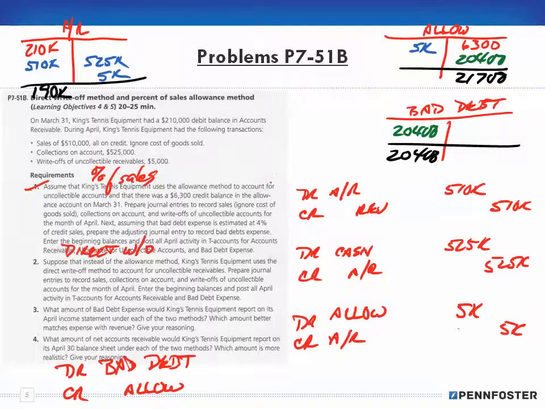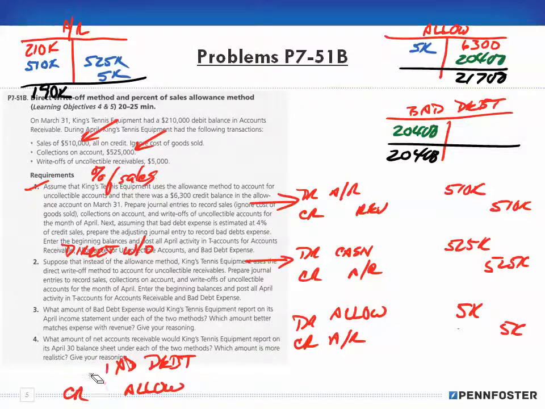So it says here, make our journal entries to record our sales. That's going to be the same journal entry to record the $510,000. And for the collections on account, in other words, we're collecting our accounts receivable, that's going to be the exact same journal entry. But instead of writing off uncollectibles of $5,000 and putting it against the allowance like we did before, we're not going to do that.